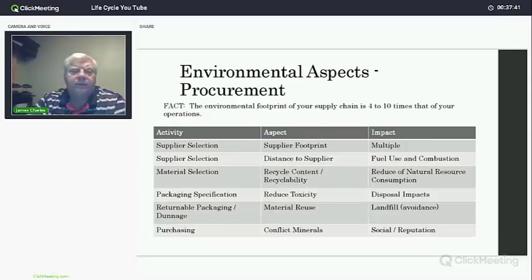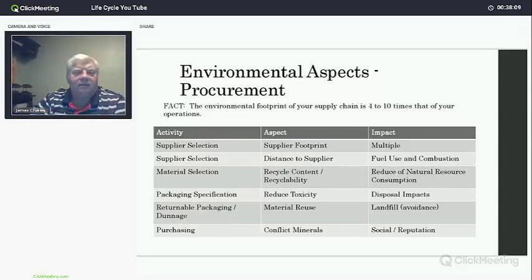Aspects relative to procurement. Again, the fact here, the environmental footprint of your supply chain is 4 to 10 times greater than that of your own operations. So if through your procurement, you can influence the environmental impact of your suppliers, you can in fact have a much more significant impact on the environment than just focusing on your own activities.